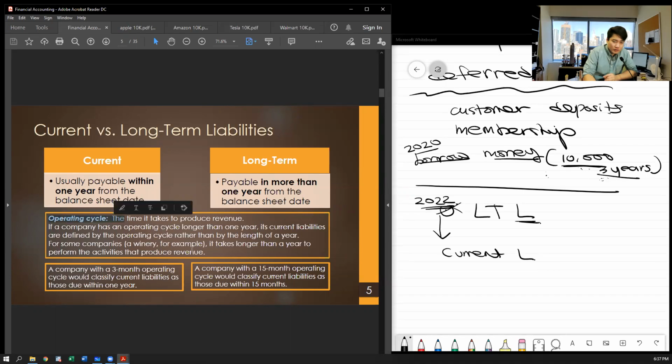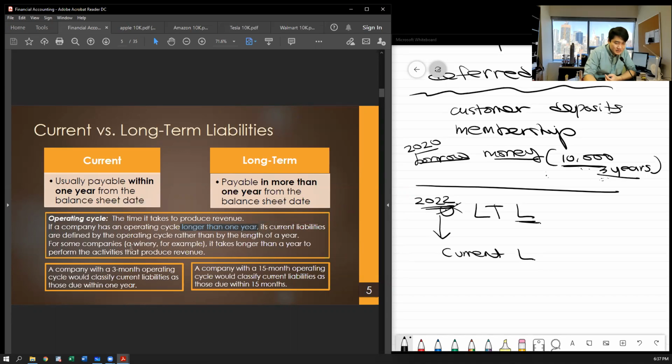And then also the textbook talks about this operating cycle. When we talk about operating cycles, we're usually talking about a 1 year cycle, so from January to December, right? But for some other companies, for some special reasons, they can have longer than a 1 year operating cycle.